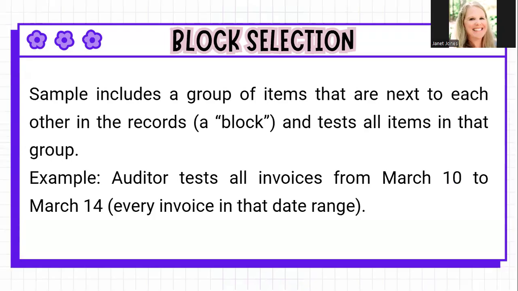That means if it was on March 8th, there's no chance that it's going to get selected. If it was in December, no chance it's going to get selected because we are only looking at those things in this particular date range. So because there's not an equal likelihood that all items from our population will be selected, it is not a statistical method and therefore it does not control for sampling risk.